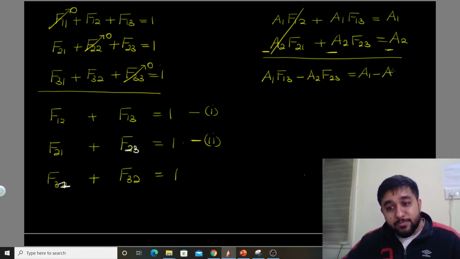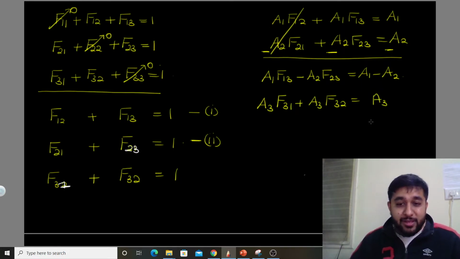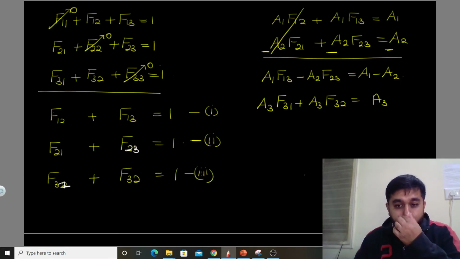This is the first and second equation combined. Now, the third equation was F31 plus F32 is equal to 1. If I multiply this equation by A3, this is what we are going to get. This is the third equation which has been multiplied by A3.